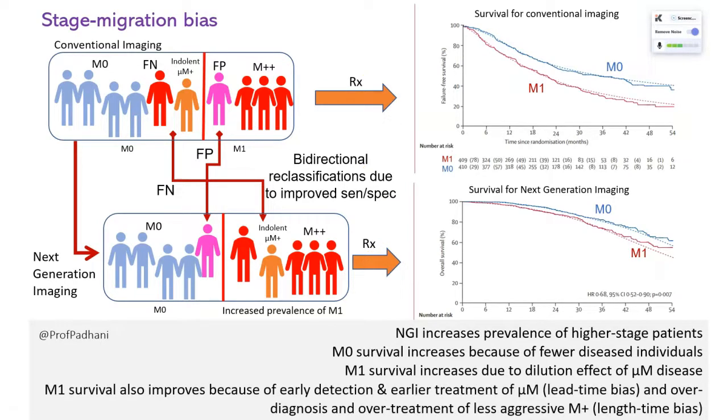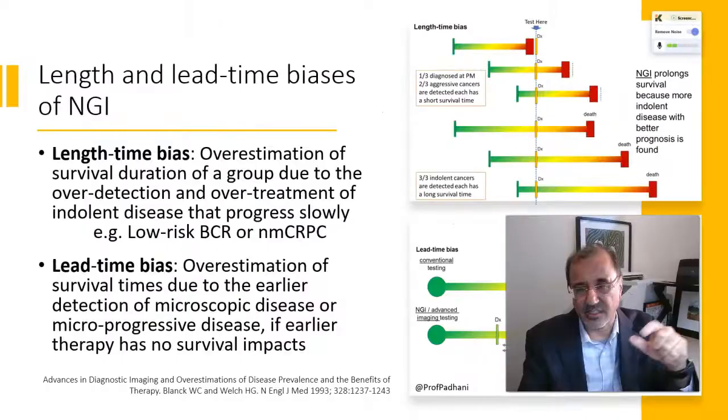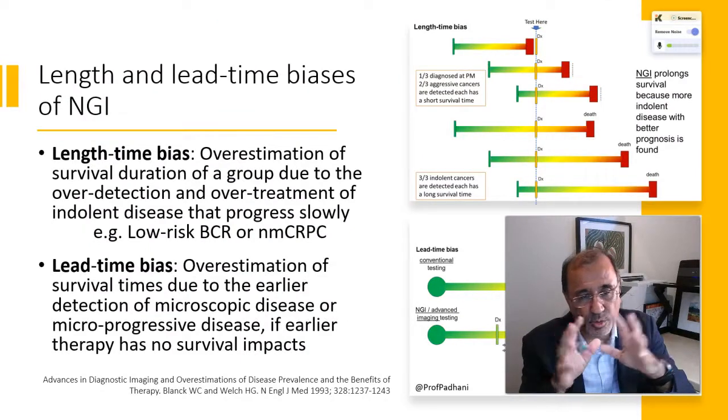The other thing you've got to realize is that survival is apparently improved because of something called lead time bias and something called length time bias. So lead time bias is the earlier detection of microscopic metastatic disease, and length time bias is due to the over detection of indolent disease. So let's just discuss these two concepts in a little bit more detail.